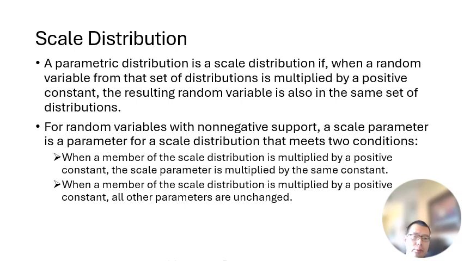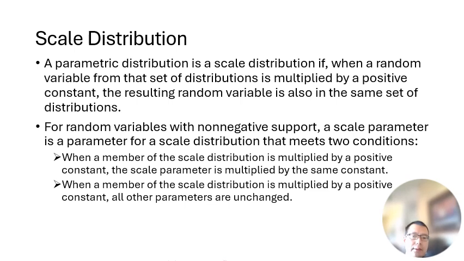For a random variable with non-negative support, a scale parameter is a parameter for a scale distribution that meets two conditions. When a member of the scale distribution is multiplied by a positive constant, the scale parameter is multiplied by the same constant. And when a member of the scale distribution is multiplied by a positive constant, all other parameters are unchanged.